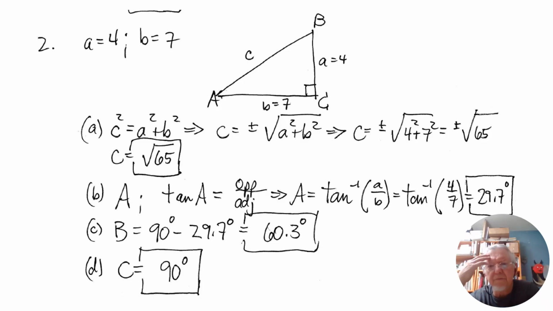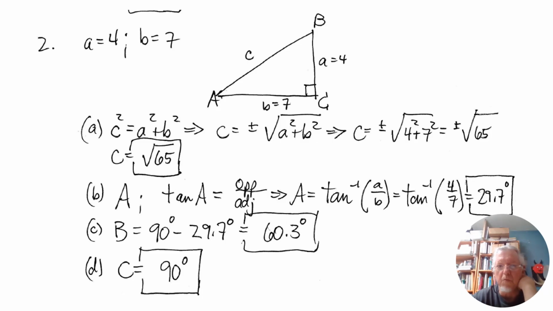In a right triangle, the inverse trigonometric functions all work because all of the angles are between 0 and 90 degrees, and the range of sine inverse, cosine inverse, tangent inverse includes 0 to 90 degrees. So we're good. You may say, so 29.7, round to the nearest tenth.